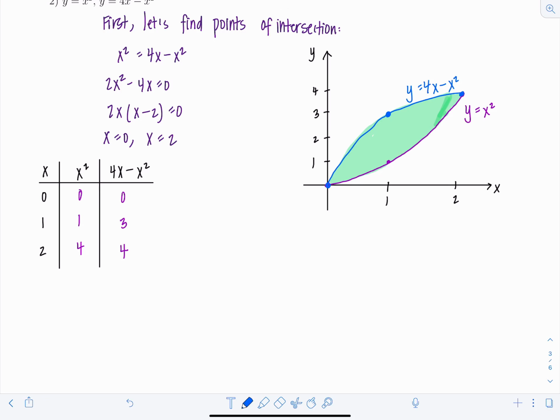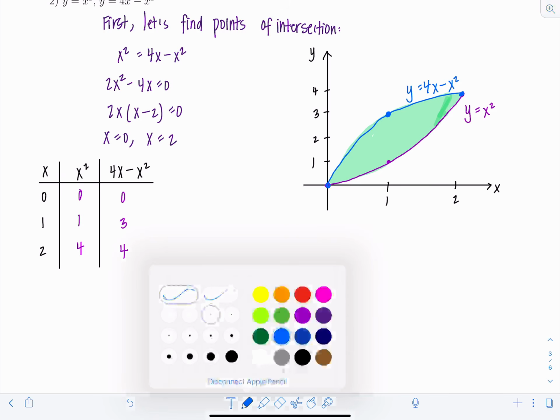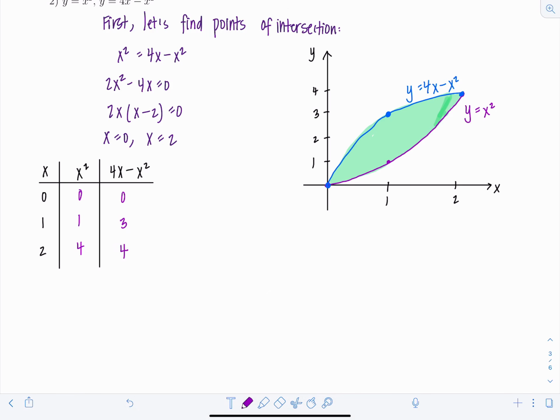And then now let's draw a typical rectangle. So it makes sense to stack the rectangles, or to build them in the x direction, right? Since we always have one function on top, one function below, and they're both functions of x. So it looks like it's the easiest way to set things up. So here's my typical rectangle. And then now I need to give its height and width. Okay, so what's the height of this rectangle?